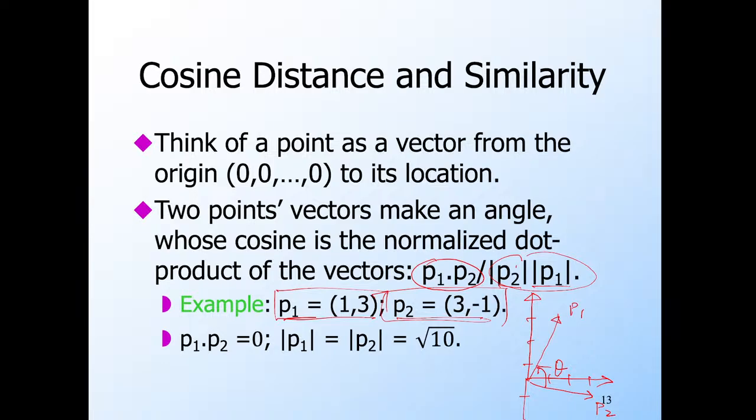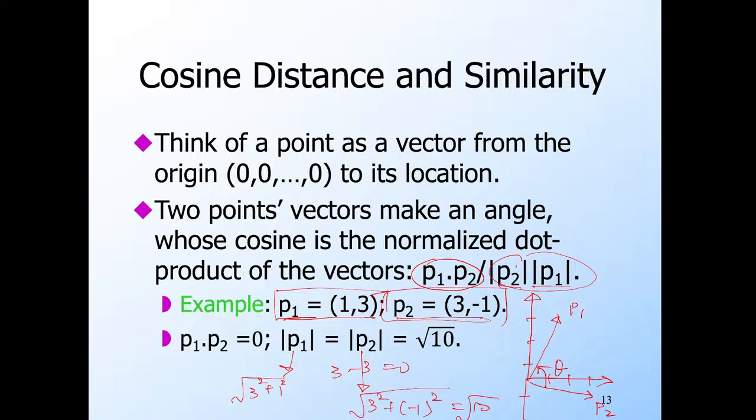P1 dot P2 is 3 subtract 3, which is 0. The norm of P1 is 1 squared plus 3 squared, and take the square root, which is square root of 10. And for P2, again 3 squared plus -1 squared and square root, which is square root of 10.